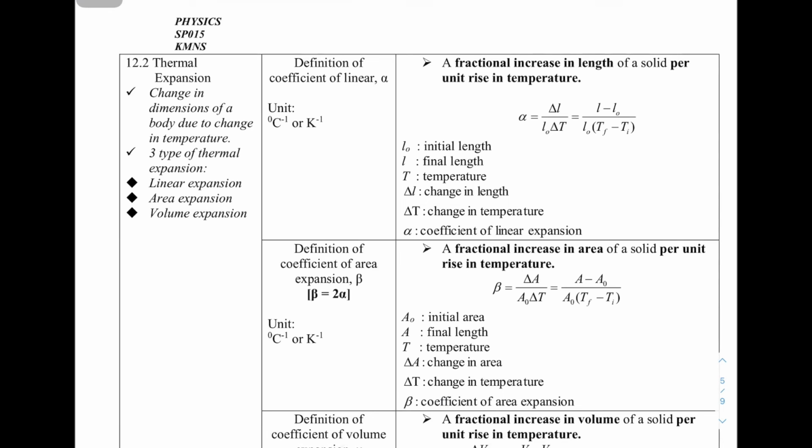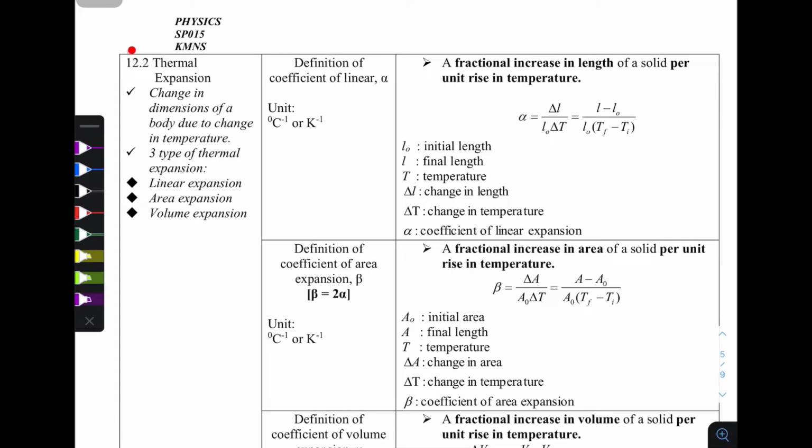Okay class, now I'm going to explain to you the subtopic of 12.2. Okay, we have thermal expansion. Ini adalah pengembangan terma. Okay, apa-apa bahan yang kita kenakan haba, dia mesti akan berlakunya pengembangan.